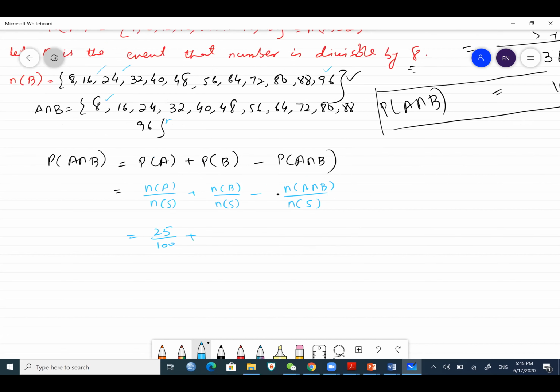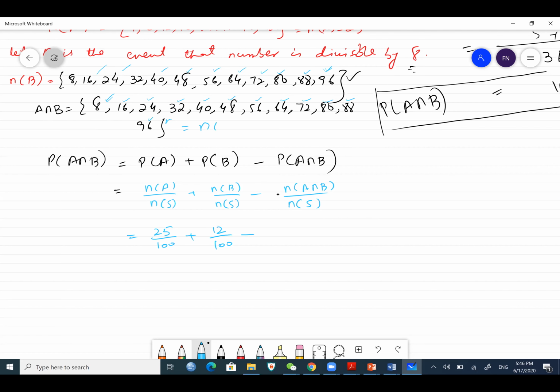In N of B I have 12 elements over 100, minus in A intersection B I have 12 elements.